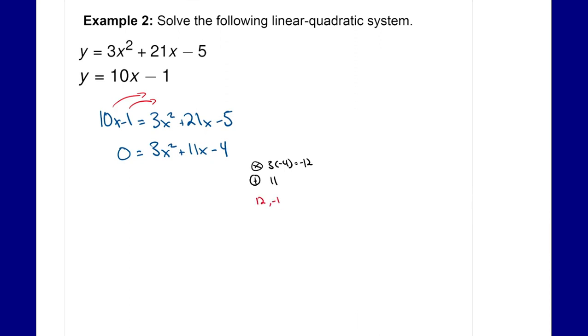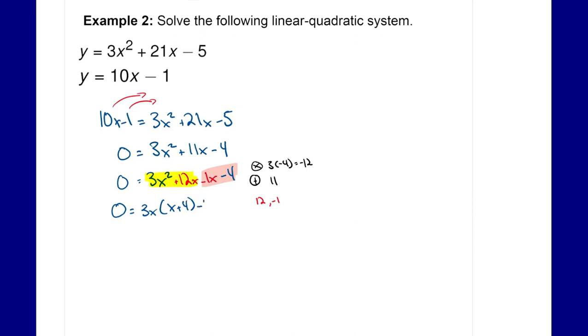So once I have those 2 values, 3x squared plus 12x minus 1x minus 4. I'm now going to factor by grouping. So factor the first 2 terms, factor the last 2 terms. 3x, and I get x plus 4.